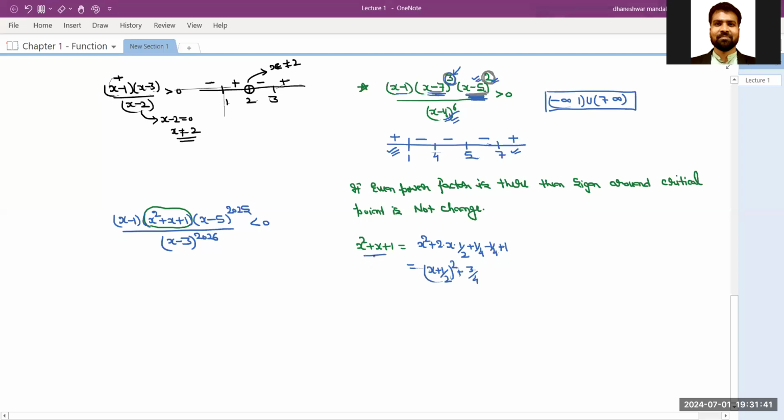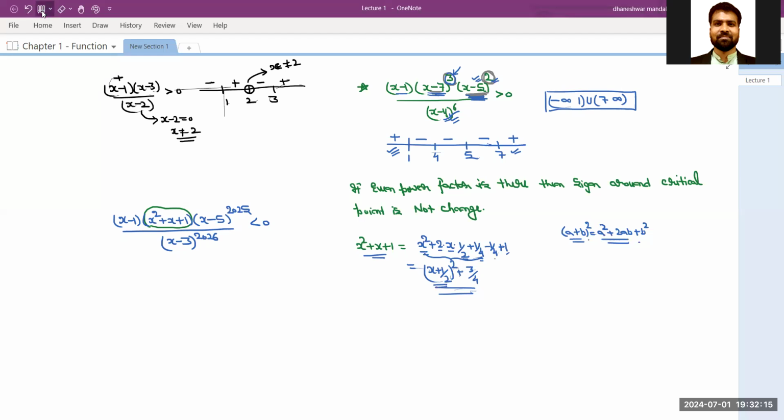Do you know about (a plus b) whole square? See, a square is there, 2ab is there, and b square is there. So I am going to use this here. From here I get one perfect square, and minus 1 by 4 plus 1 is 3 by 4.